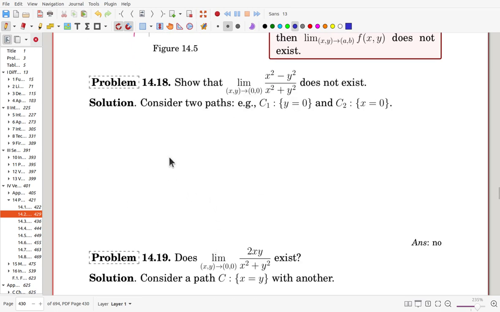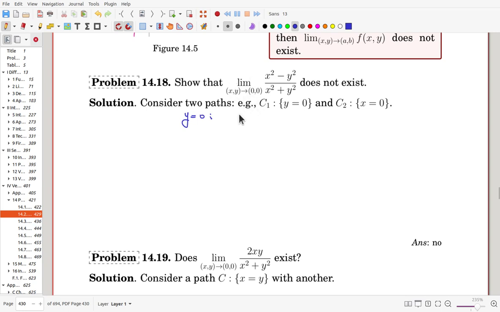Okay, let's see a problem. Show that the limit of this function doesn't exist at (0, 0). We may try to choose two paths. C1 is when y equals 0, which means along the x-axis.